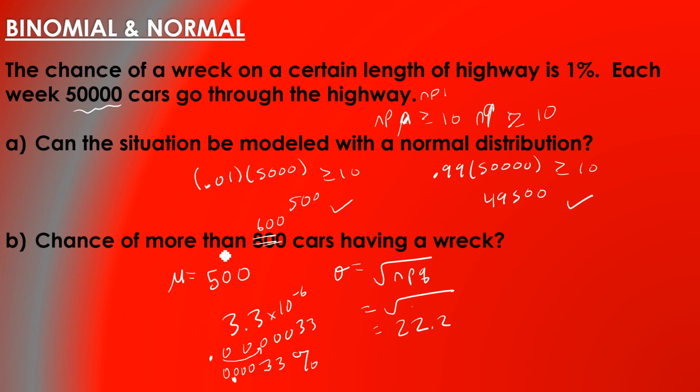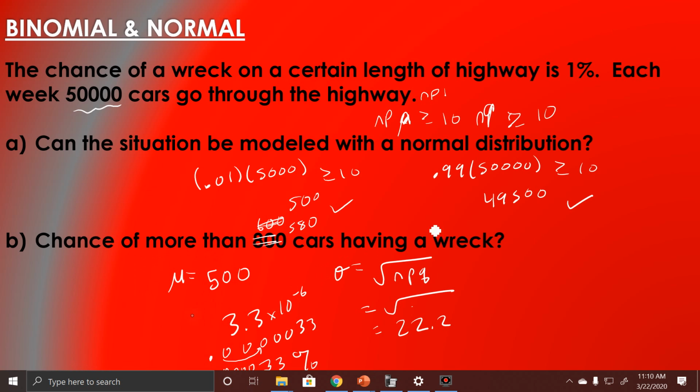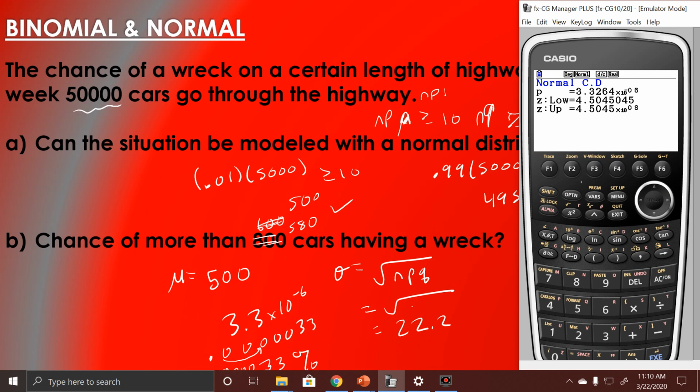I'm just kind of curious now how many until we get to a very reasonable number. So let's try more than 580 cars. See what happens. So all this stays the same.